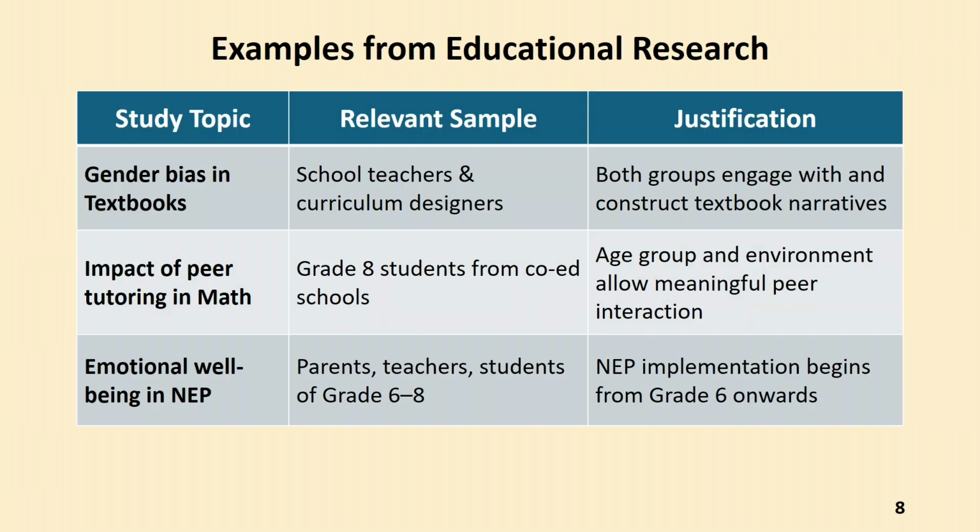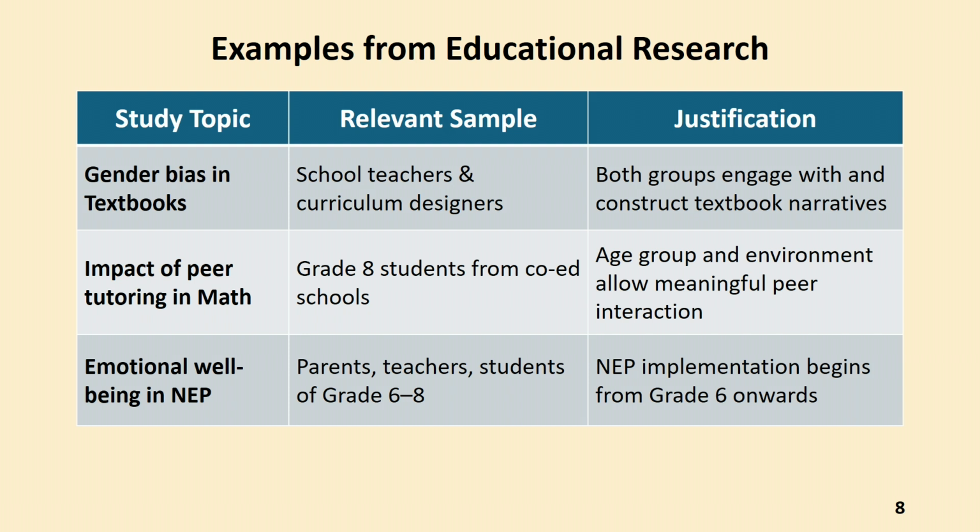Example from educational research, let us see here. Let us see some study topics. First is gender bias in textbook. It's just a research problem that I have taken. Relevant sample, school teachers and curriculum designers. Justification, both groups engage with and construct textbook narratives.